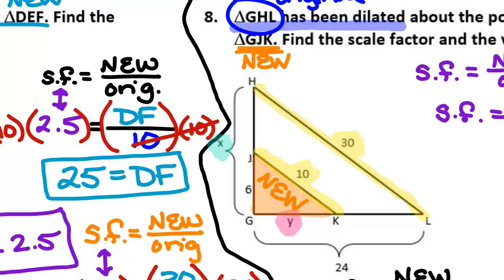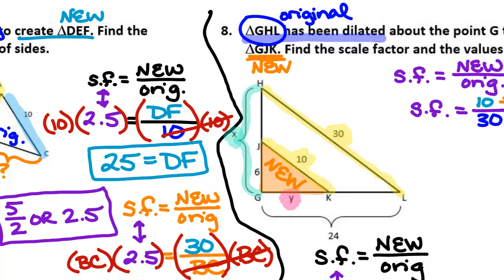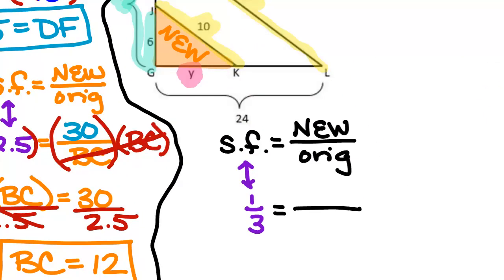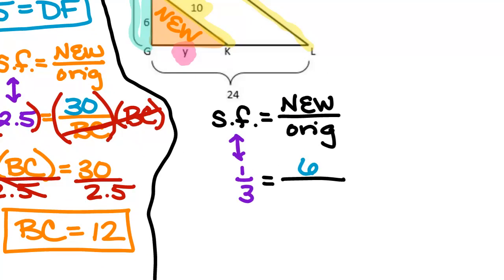What side would correspond to x? JG, this side right here, which is 6. Is 6 part of the new or the original triangle? New, so it goes on top. The original triangle measurement would be the x. So now we're going to multiply by our denominator because we have these fractions. So I multiply both sides by x.